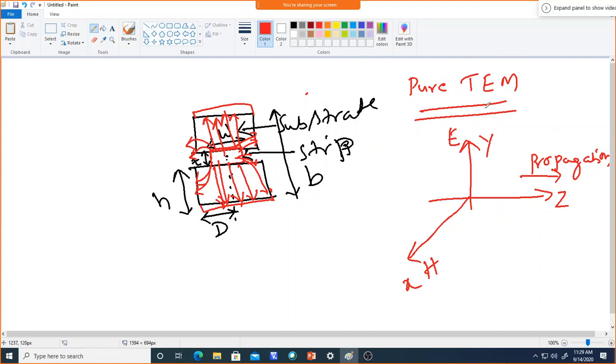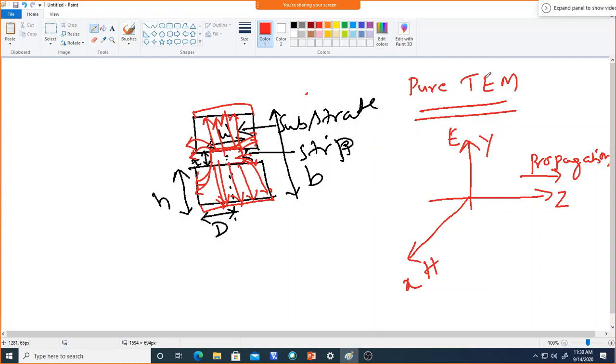So this TEM mode of propagation exists in the strip line. If you take TE or TM, only the electric or magnetic field will be perpendicular to the propagation direction. We call that a TE wave or TM wave.